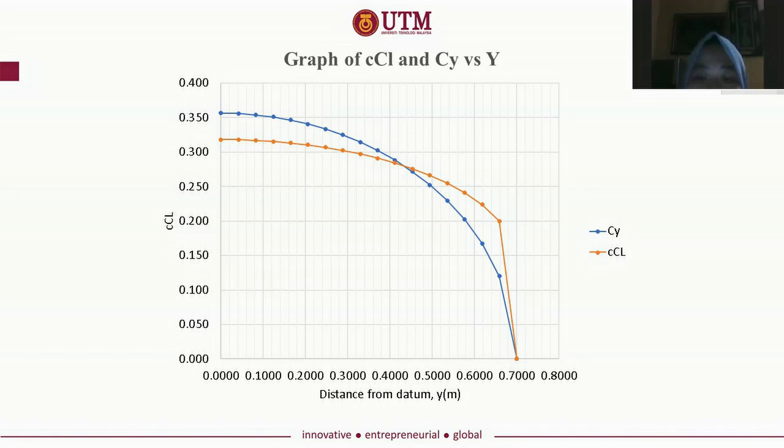So this is the comparison between the wing load distribution coefficient and the elliptical graph versus the distance of the wing. The wing load distribution coefficient is based on the strength approximation method.